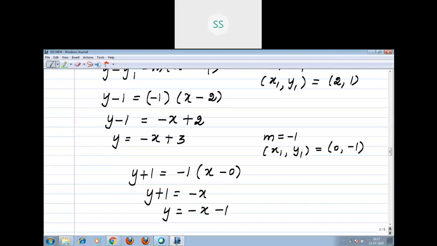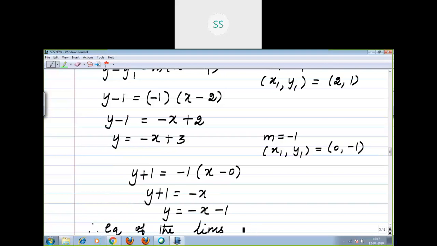Now we want to write the equation of the required lines. Therefore, equation of the lines. Right? You are going to write it in the form of ax plus by plus c is equal to 0.